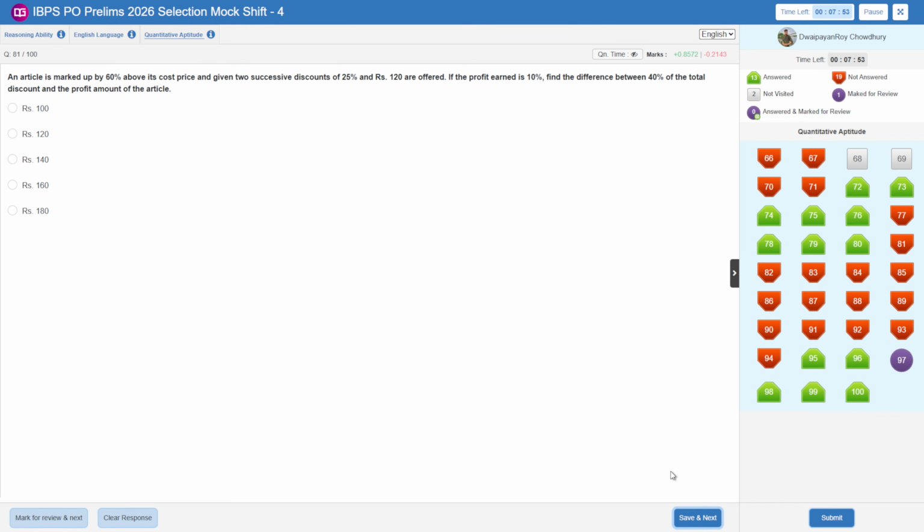Then what is the difference between 40% of total discount and profit amount? So profit amount is also 120, and total discount is 50, and 40%, that is going to be 20, so 120 again.